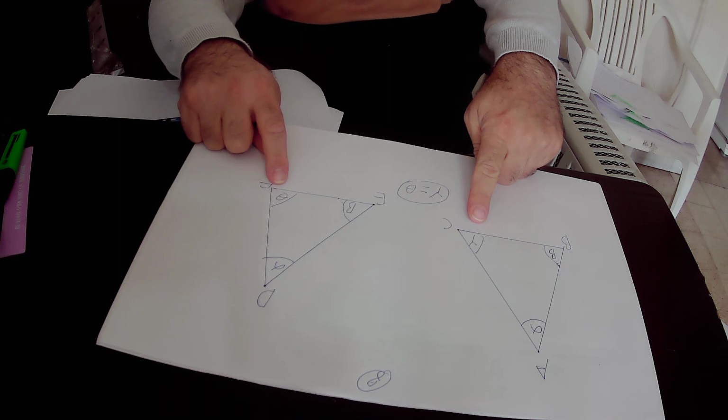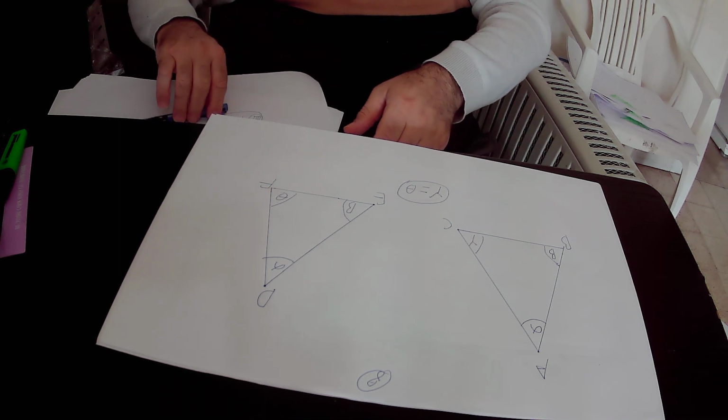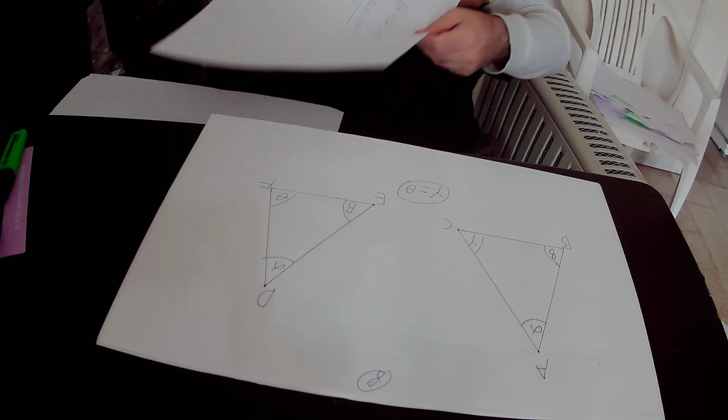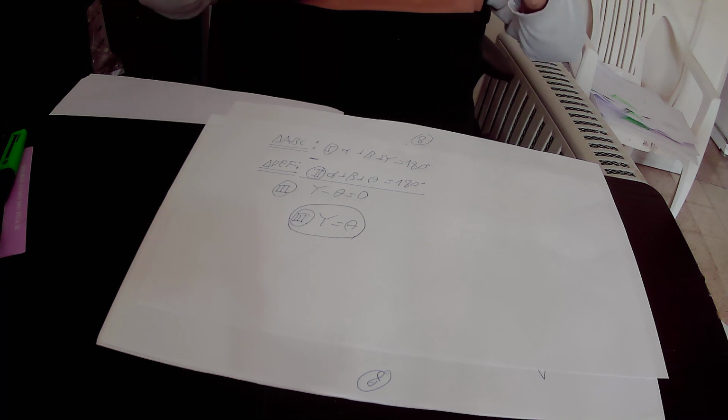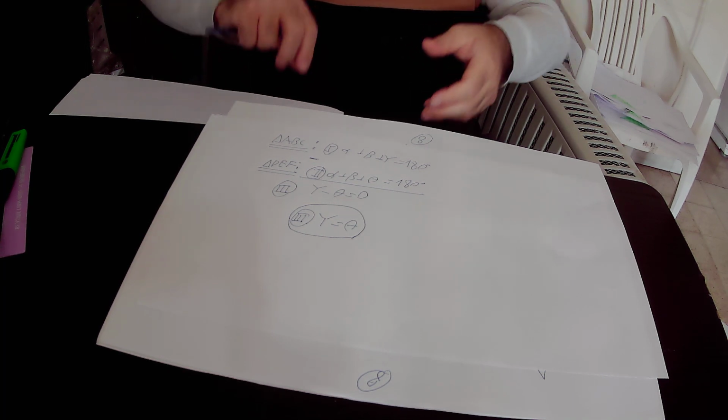That is to say, angle theta must be equal to angle gamma, and we indeed proved that angle theta equals angle gamma. So we actually proved that the third angle theorem is true.